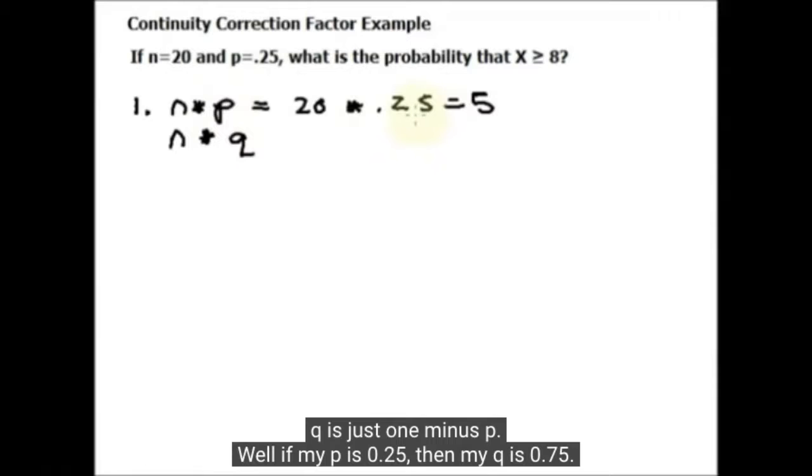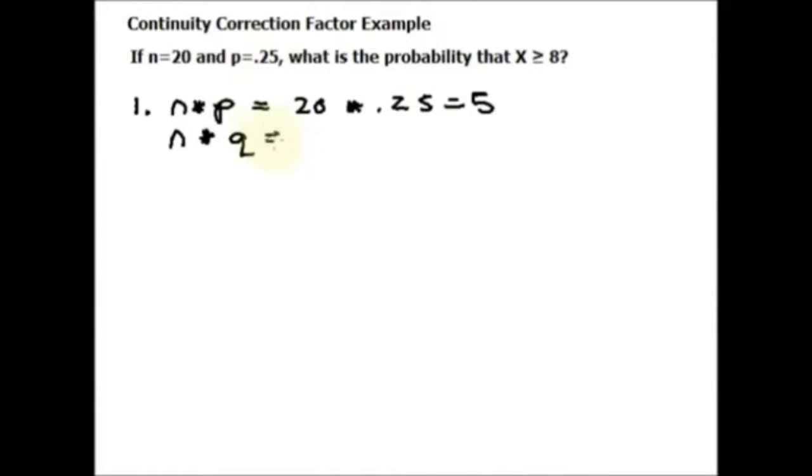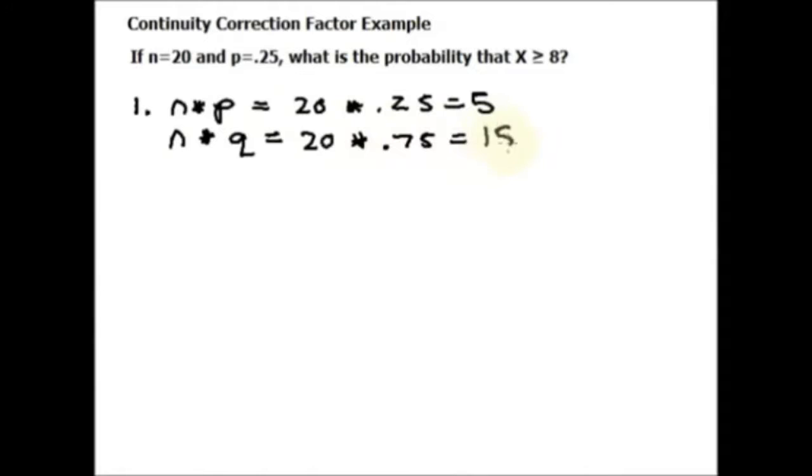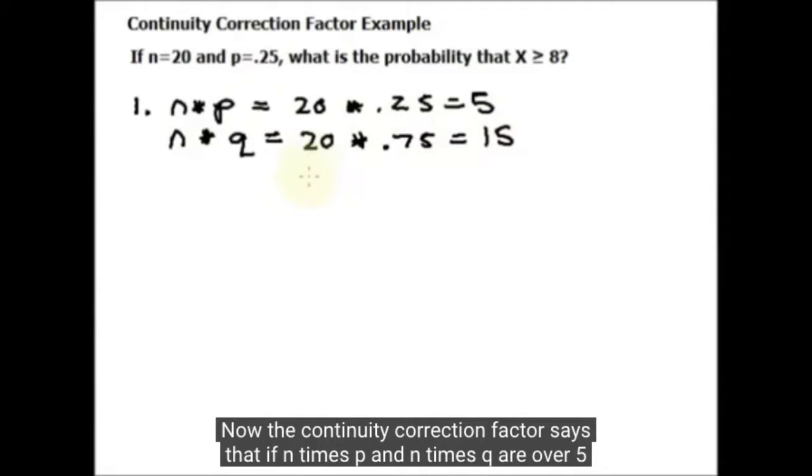Well, if my p is 0.25, then my q is 0.75. So n times q is going to be 20 times 0.75. That equals 15.